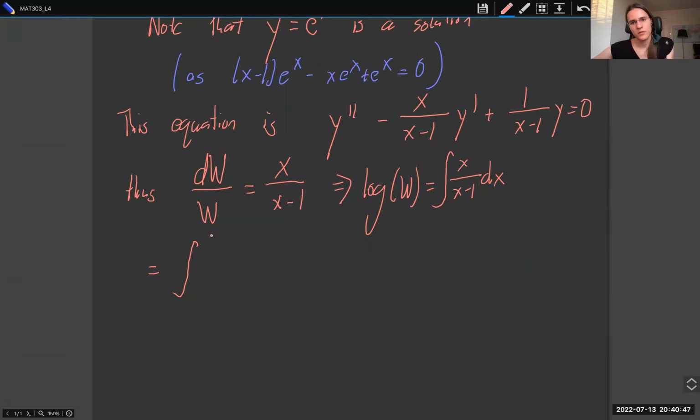Partial fraction. Right, so if I subtract something from the denominator, I'm going to subtract an x minus 1 from here, right? So I'll get 1, and then what will I get if I subtract x minus 1 from x? Plus 1 over x minus 1.